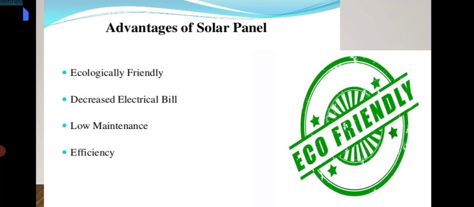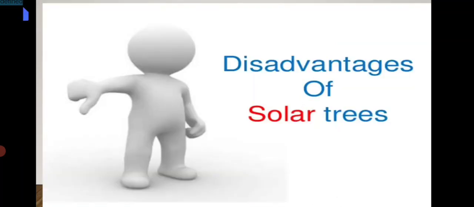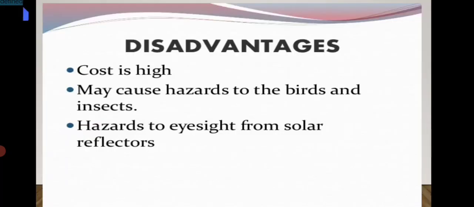Economically friendly, decrease electrical bills, low maintenance cost, efficiency. Then disadvantages of solar tree. Cost is high, may cause hazards to the birds and insects, hazards to eyesight from solar reflectors.